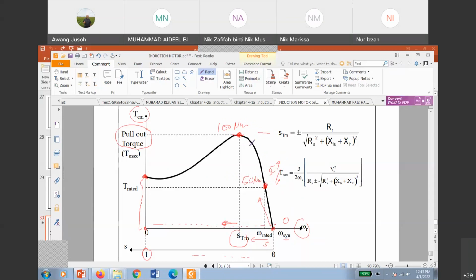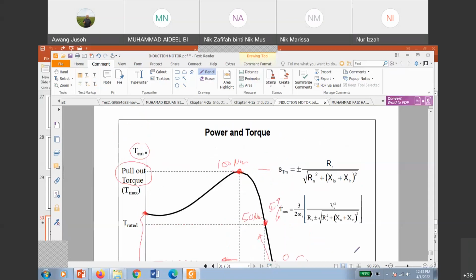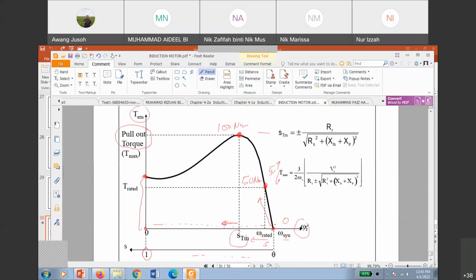Hopefully all of you understand and are able to sketch this torque speed profile for the induction motor and explain it. You must also be able to put all the labels properly: the label for slip, for speed, and for torque.